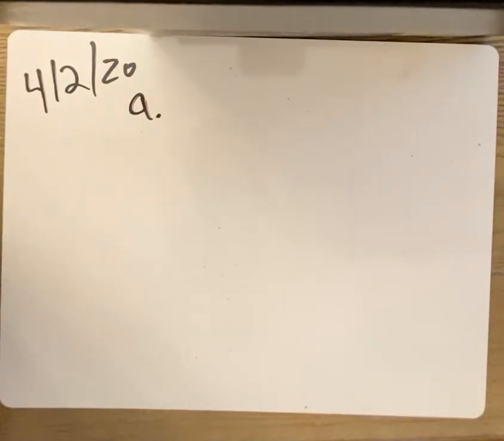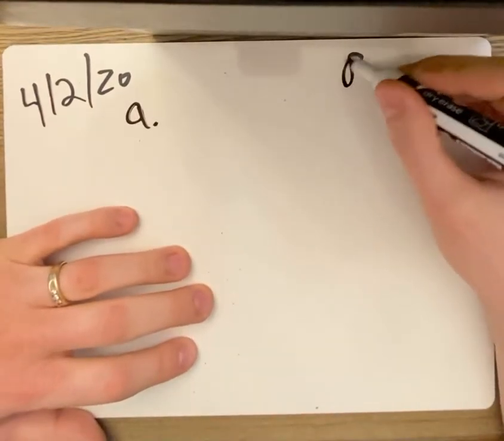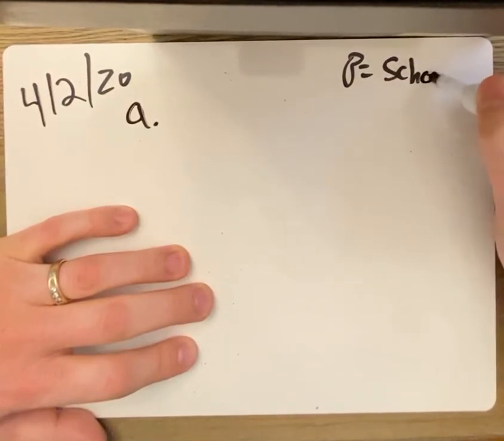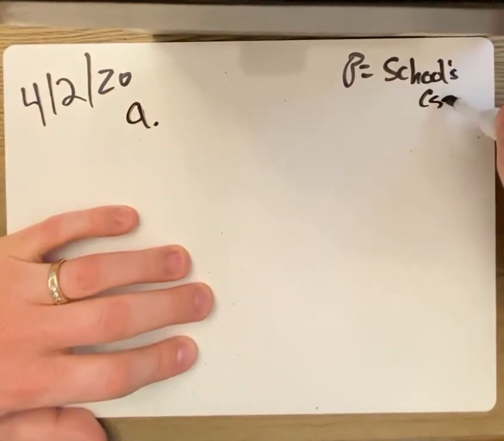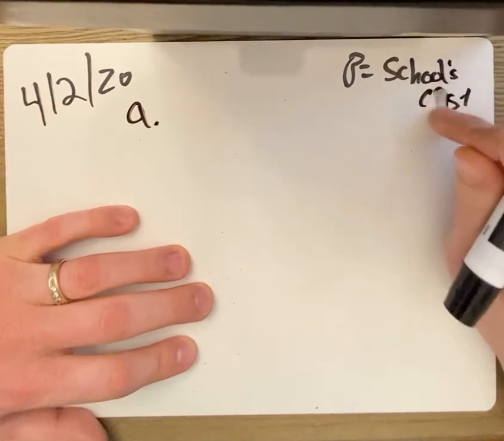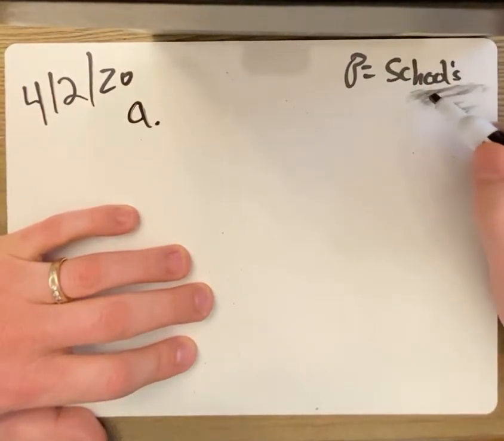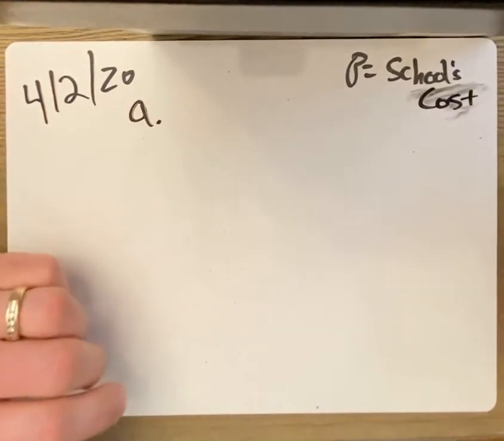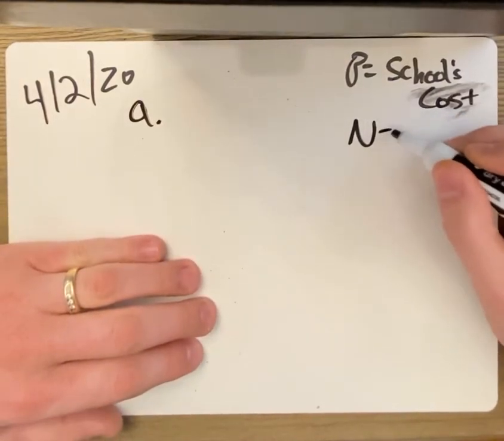Write an equation to represent the proportional relationship between the school's cost for the book and the amount a student must pay for the lost book. Let B represent the school's cost, and N represent the student's cost.